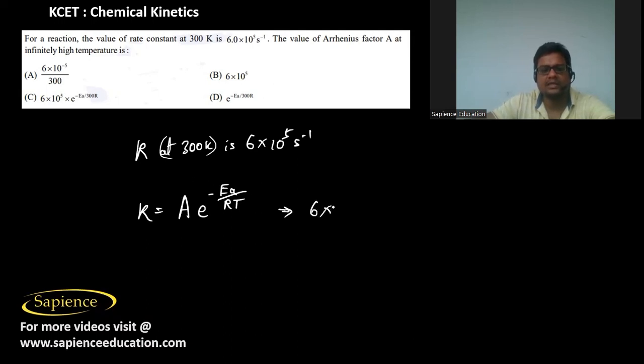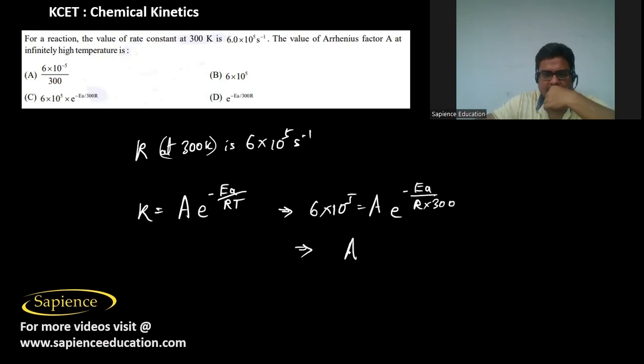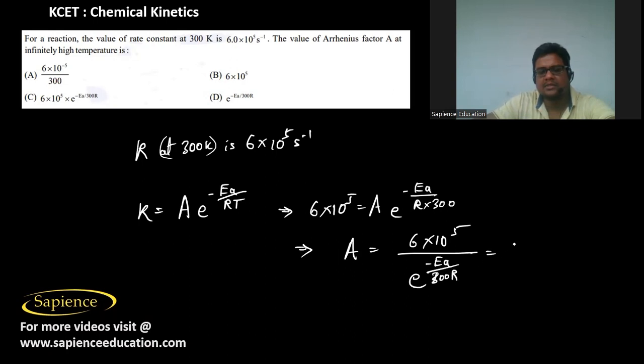So 6 into 10 power 5 equals A e power minus EA by R into T, where T is 300 Kelvin. Therefore the Arrhenius factor A will be equal to 6 into 10 power 5 divided by e power minus EA by 300 R. That means it will be 6 into 10 power 5 into e power EA by 300 R.